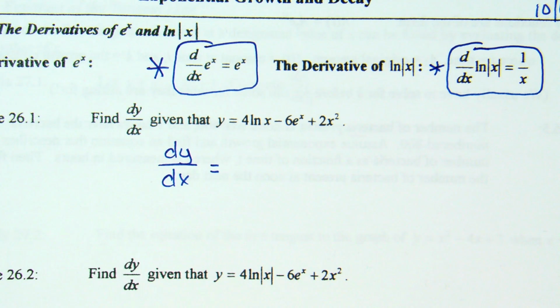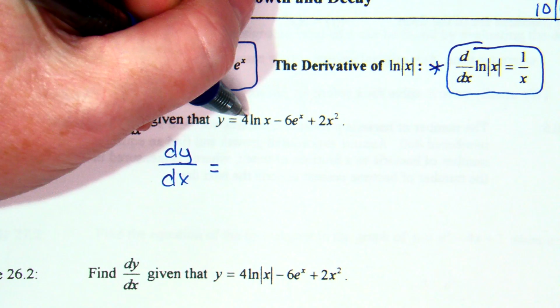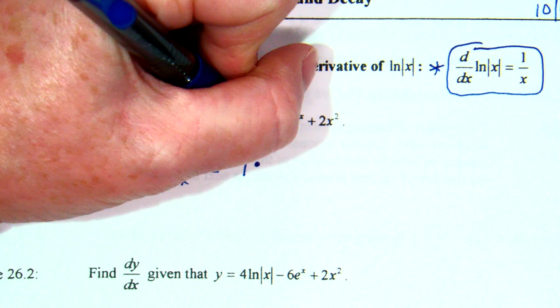4 over x. Okay, so I'm going to break it into pieces. This 4 is a constant, yes? So I'm going to say 4 times, because 4 is just a constant, the derivative of natural log of x, which is 1 over x.